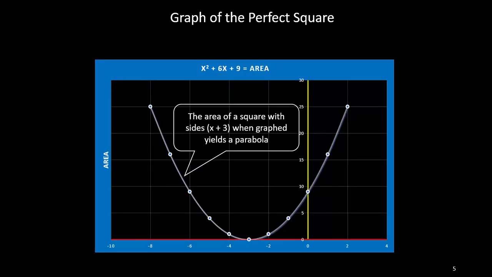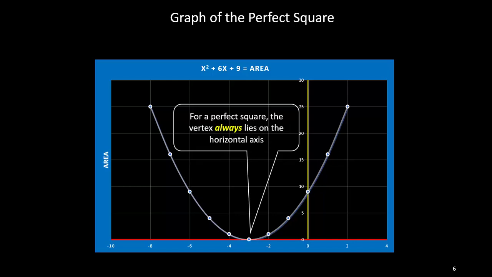Welcome back. Let's first look at the graph for the perfect square. When you graph a quadratic equation, you always get a parabola. And if that equation represents a square, the vertex will lie on the horizontal axis as shown here.